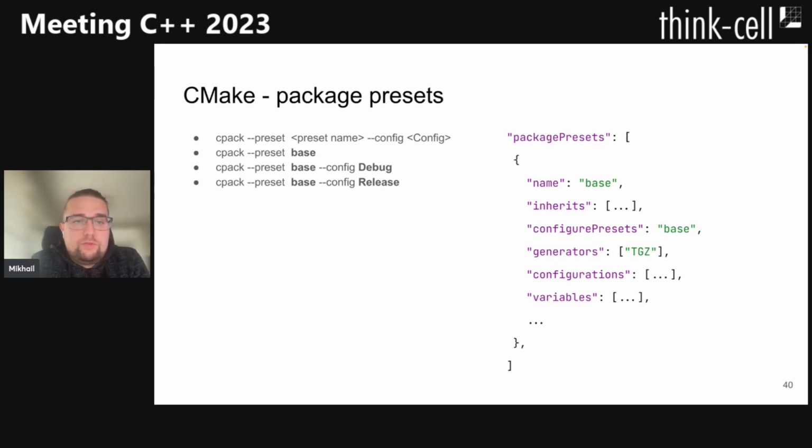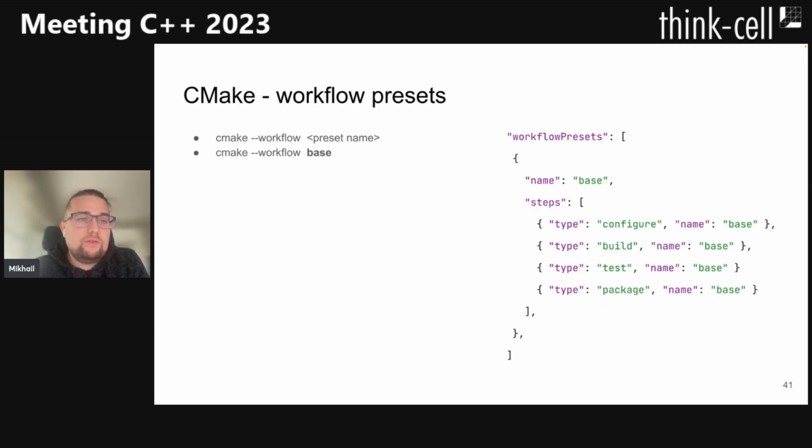So now we know how to configure, how to build, how to run the tests, how to make the package. Now it's time to look at our CI. On CI, you want to run all of these four steps in one. That's why CMake added the workflow preset, where you just describe what kind of configure step you want to run, what kind of build step, test and package.